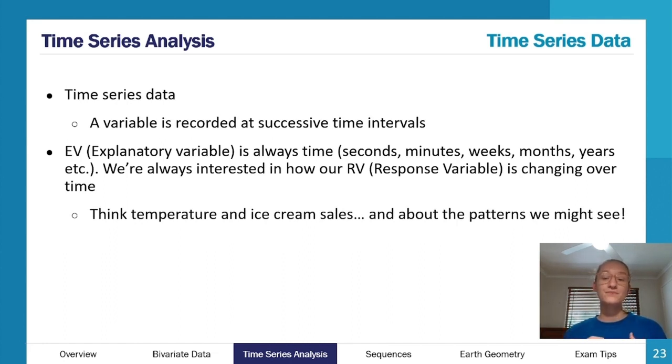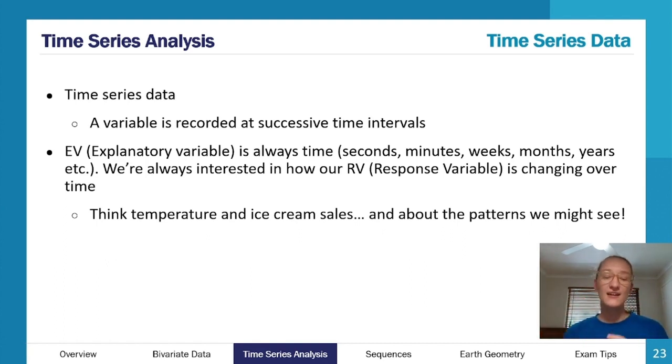So for example, temperature and ice cream sales. This actually is not an example of time series data because we don't have an explanatory variable that's a measure of time. But if we looked at the average monthly ice cream sales over the year, then all of a sudden it is time series data because we're looking at how ice cream sales change over time.